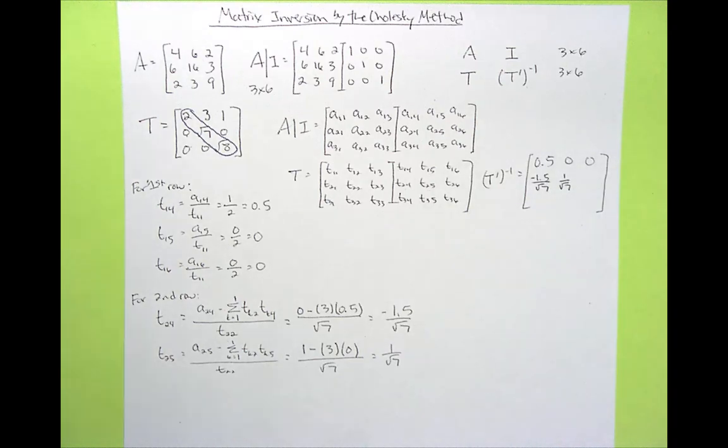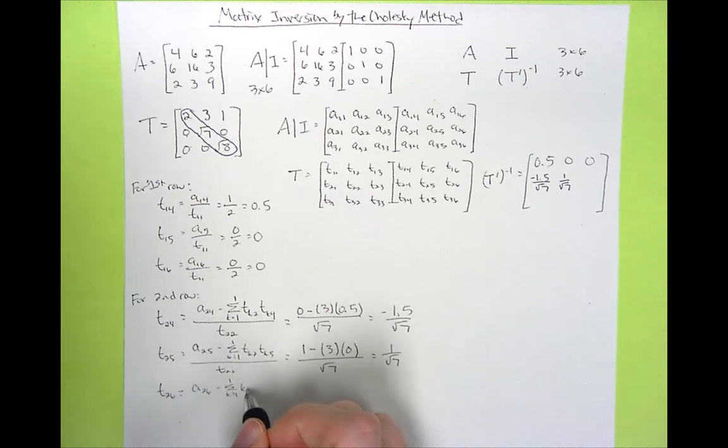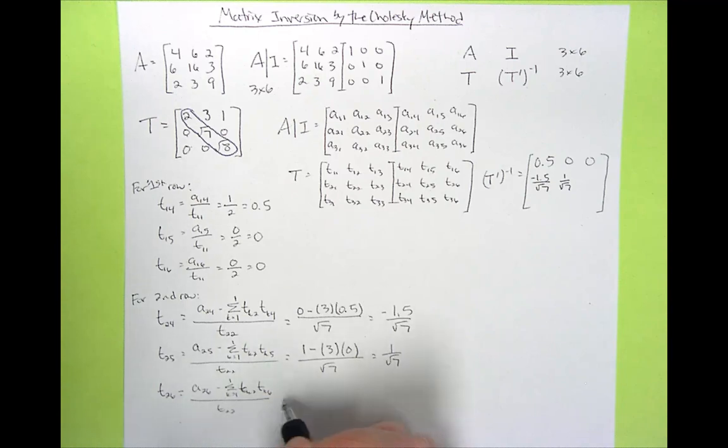We're halfway done. Alright, t26 is going to equal a26 minus the summation, tk2, tk6, over t22. What's a26?